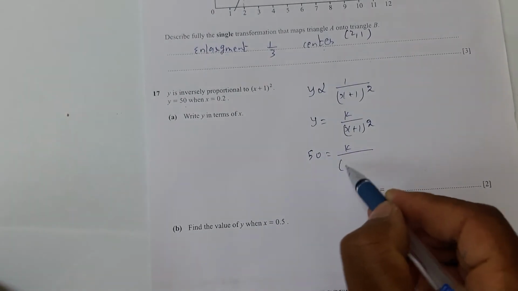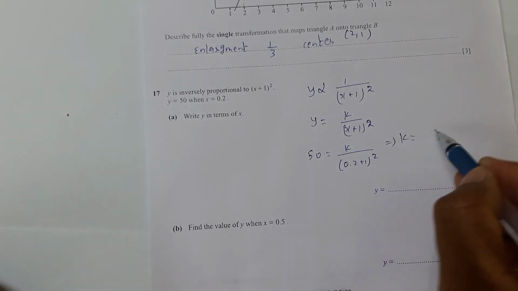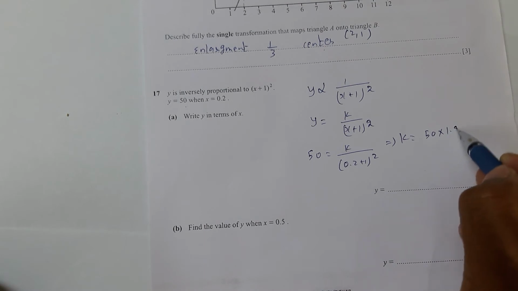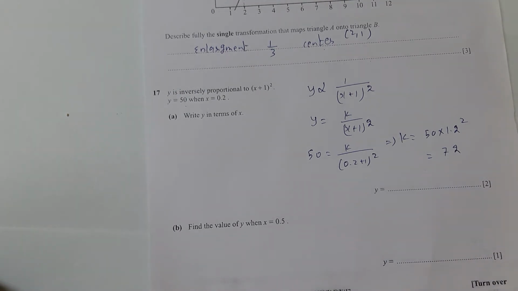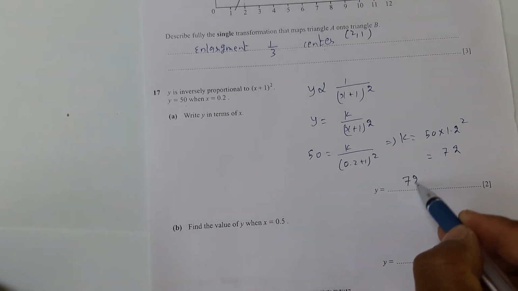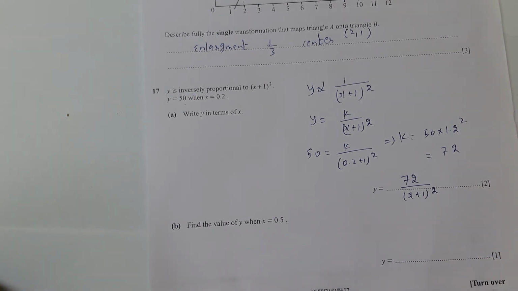So 50 equals k by (0.2 plus 1) whole squared. That implies k equals 50 into 1.2 squared, which is 72. So now my equation, replacing k by 72, is y equals 72 by (x plus 1) whole squared.